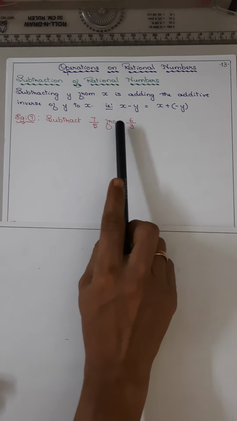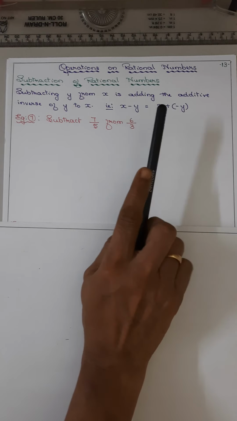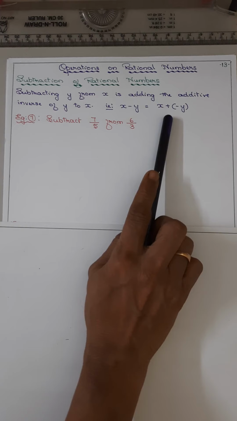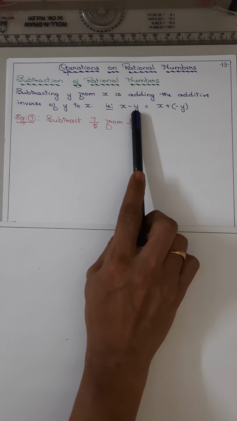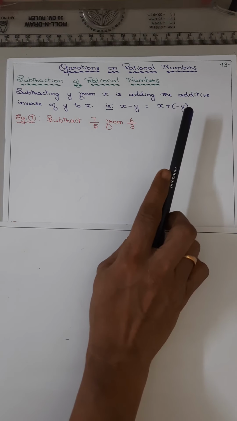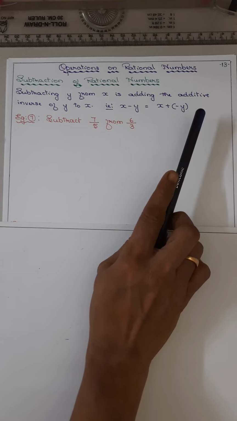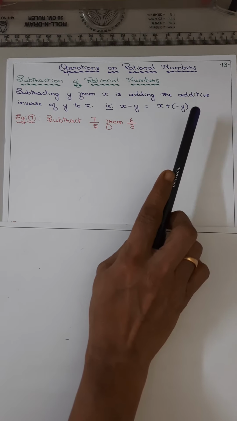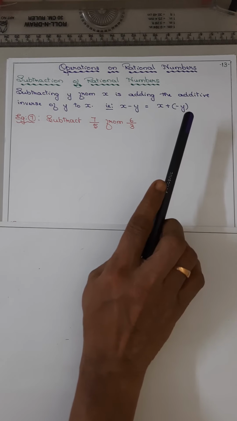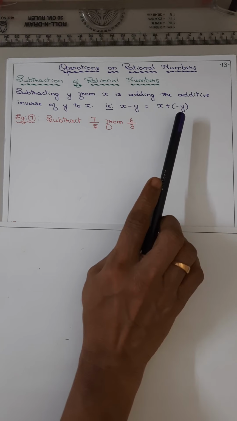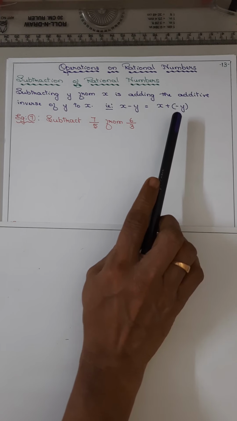So x minus y is equal to x plus the negative of y. Here y is positive, so you are adding the additive inverse, the negative of y. So that is the meaning of subtraction. Even in the integer lesson you have understood like this in 6th standard.